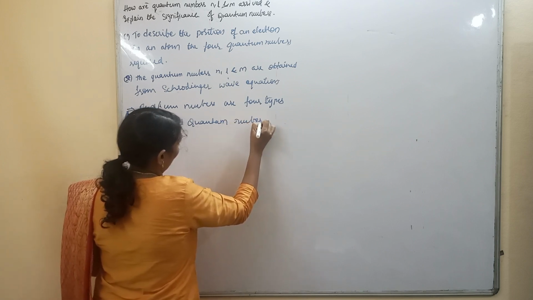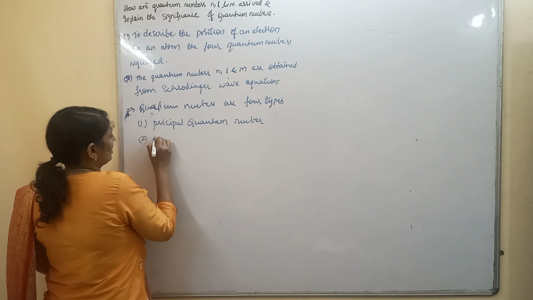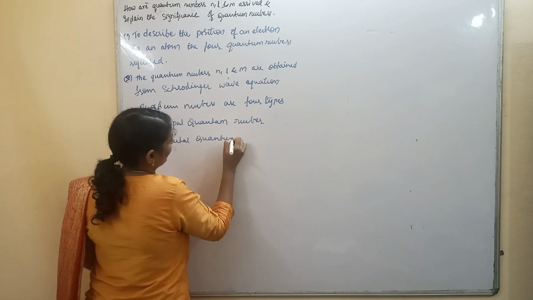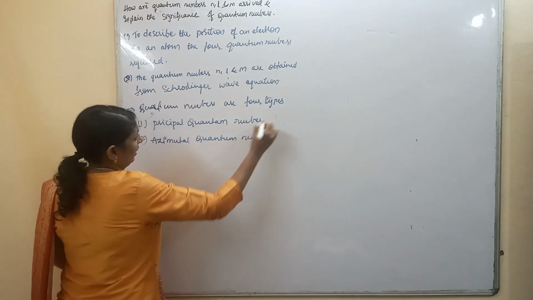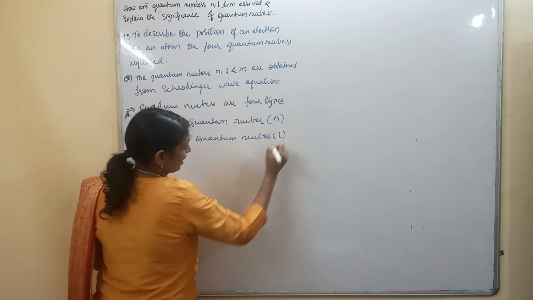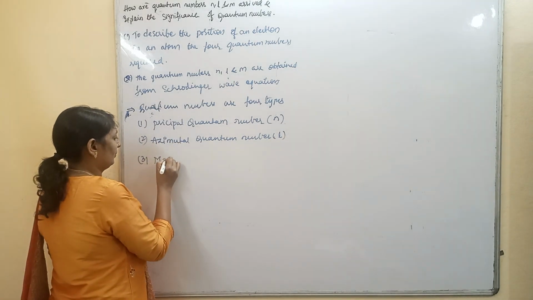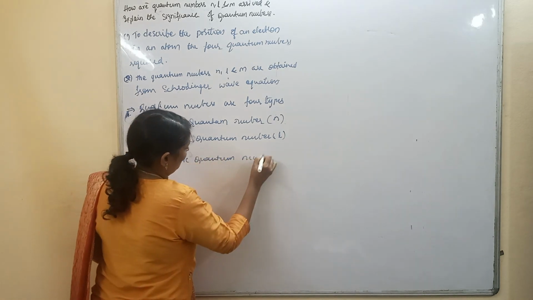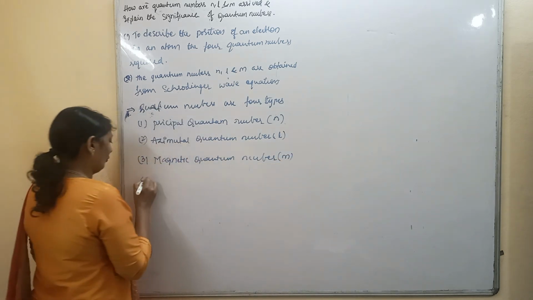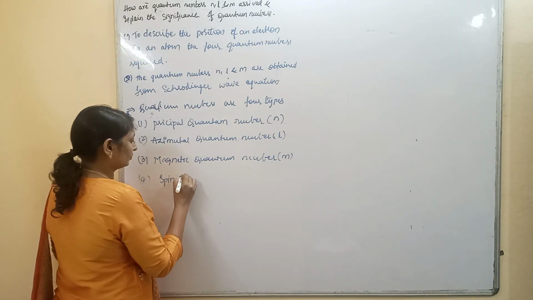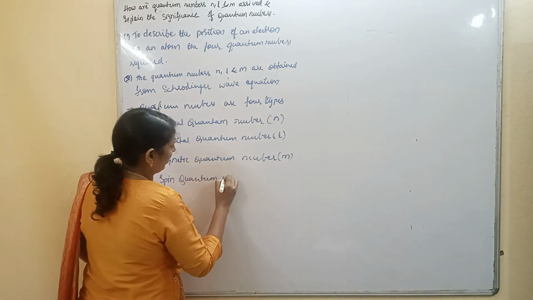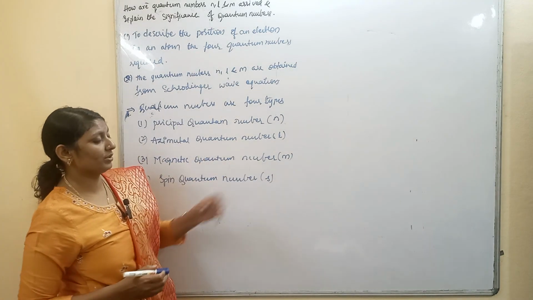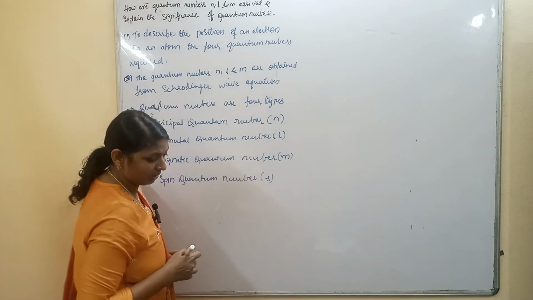Second one, the azimuthal quantum number, which we can take as small l. Third one, the magnetic quantum number, small m. Fourth one, the spin quantum number, small s. Remember, all letters you have to represent in small letters only.